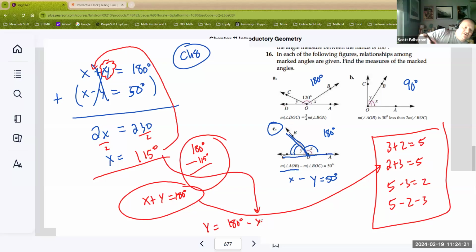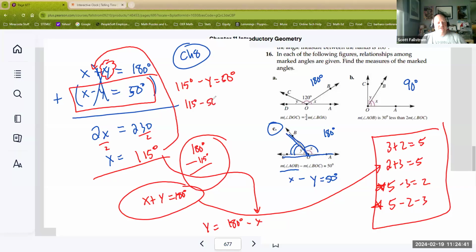So I don't need to go back through tons of additional work. At least in my mind, I don't believe you do. And I think that's great. Or you could use it on this one. If I knew that 115 degrees minus Y equals 50 degrees, I could use this 4-fact family and say that's the same as 115 minus 50 has to equal Y. And I don't even need to think about the algebra.